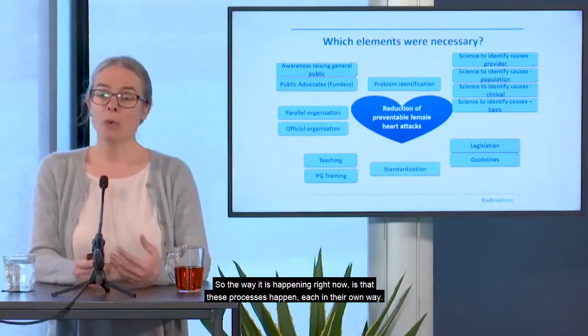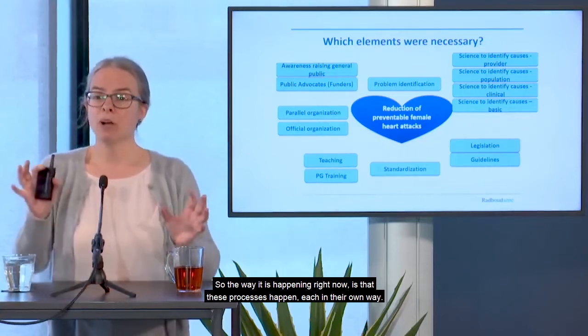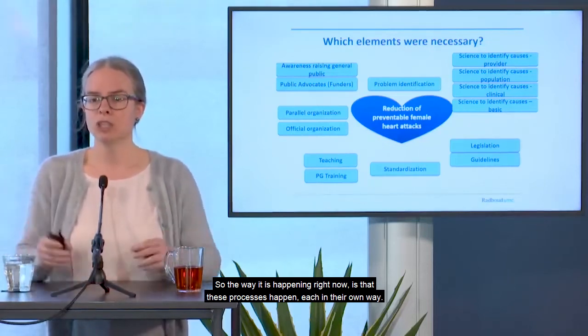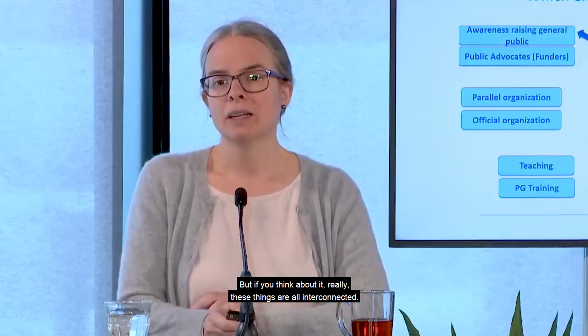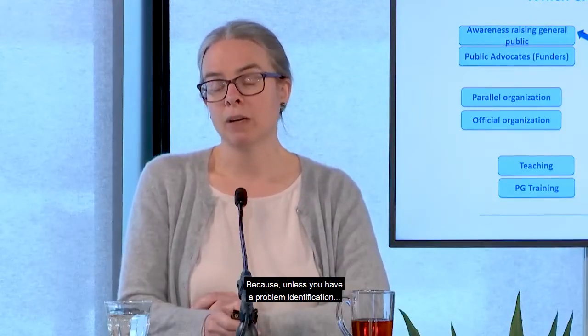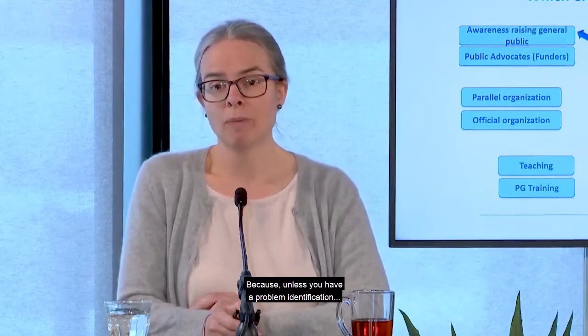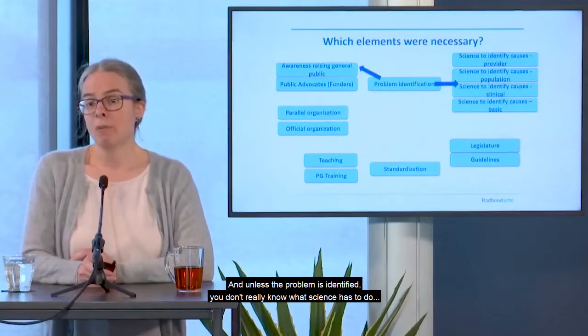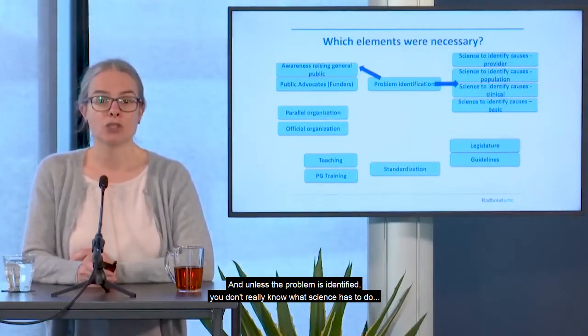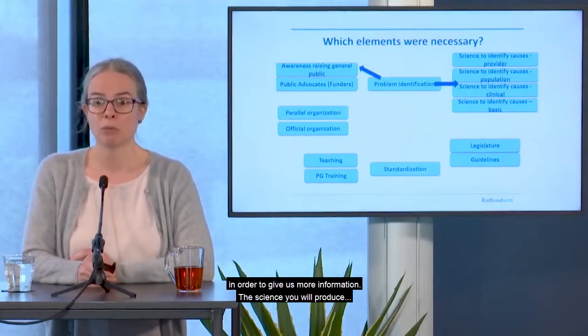So the way it is happening right now is that these processes happen each in its own way. But if you think about it, really, the things are all interconnected, because unless you have a problem identification, you don't know what to tell the general public. And unless the problem is identified, you don't really know what science has to do in order to give us more information.